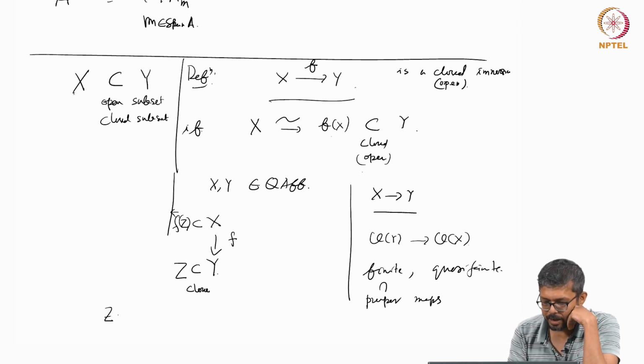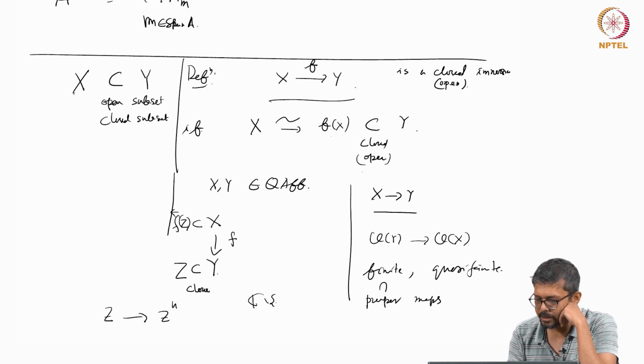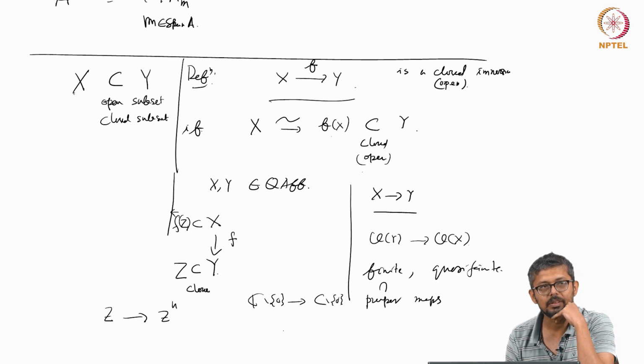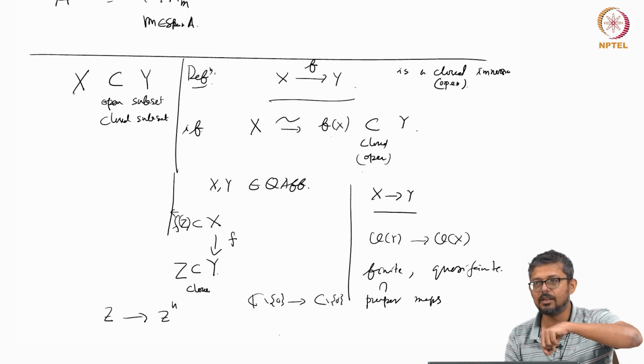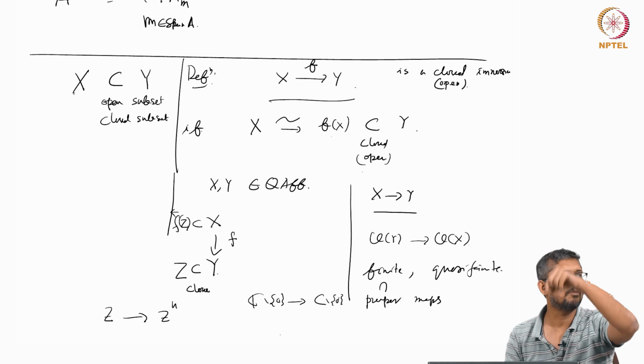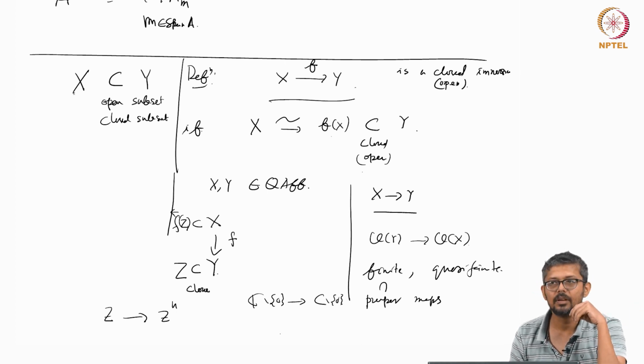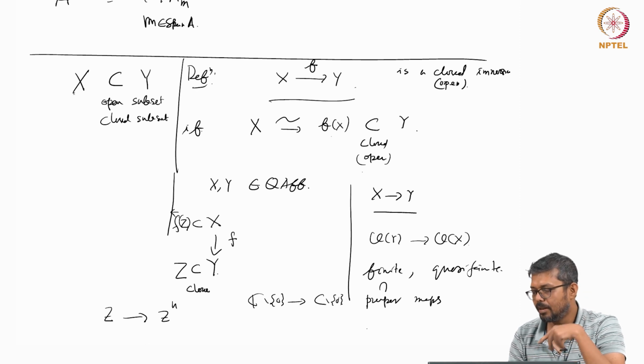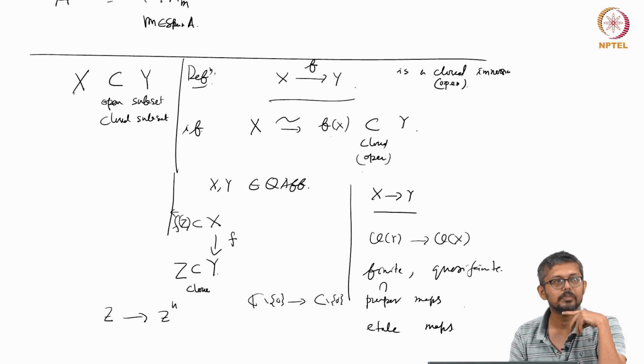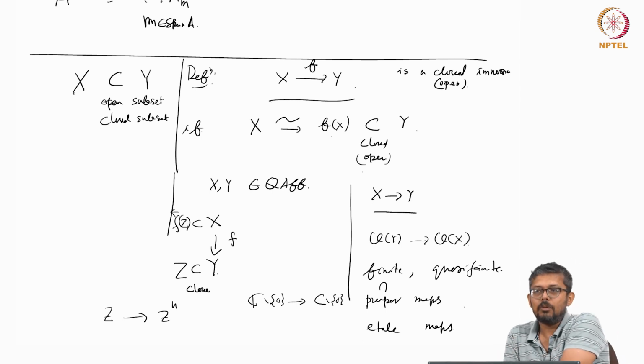If you take the map z going to z to the power n, from the punctured disk C minus 0 to C minus 0, this is a local homeomorphism, right? Locally on every disk it's a covering map. These maps are called local homeomorphisms, and the corresponding notion in algebraic geometry is called étale maps. Étale maps are local homeomorphisms.